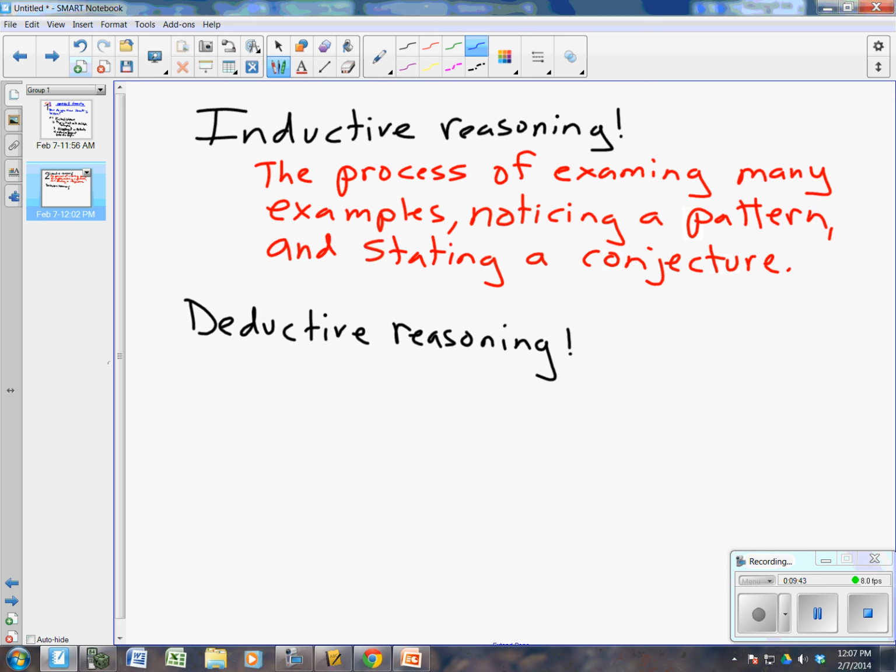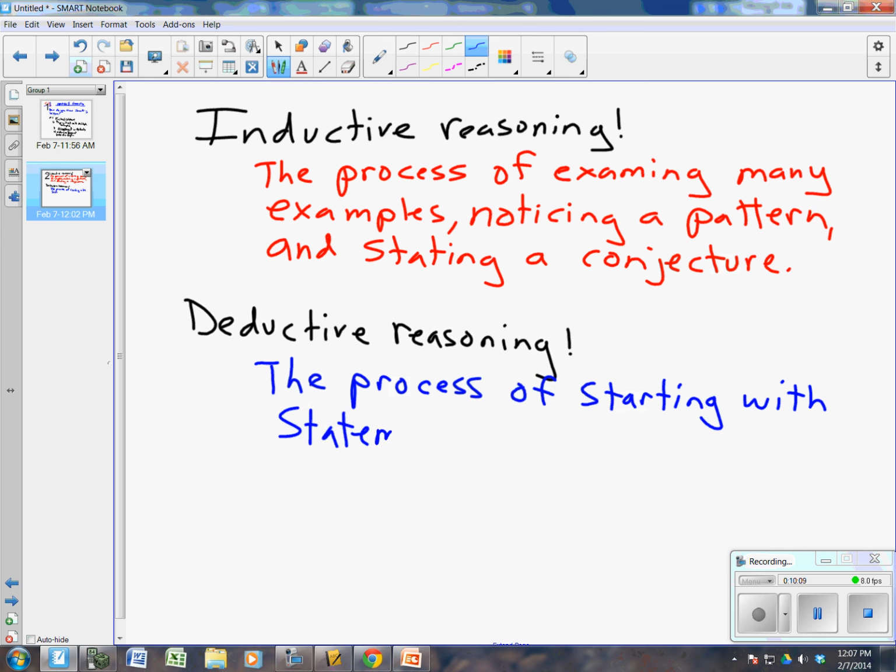Okay, I'm going to write this one down. I want you to write it down too. This one's really important right here. The process starting with statements assumed or accepted as true.